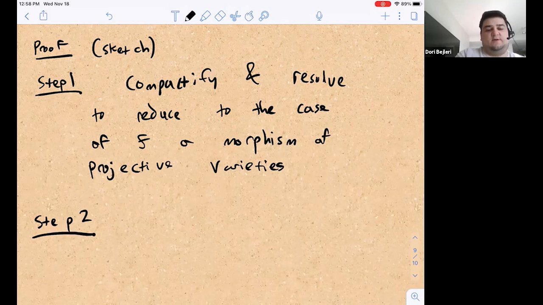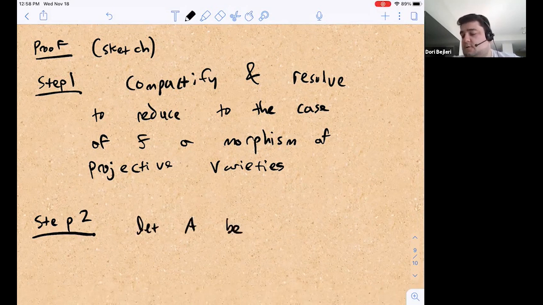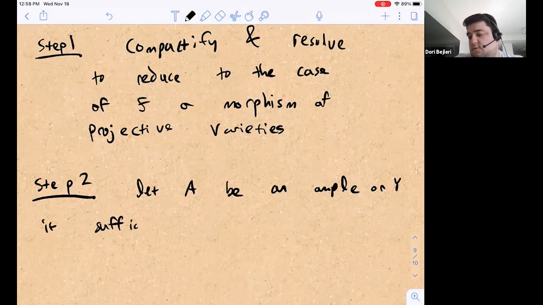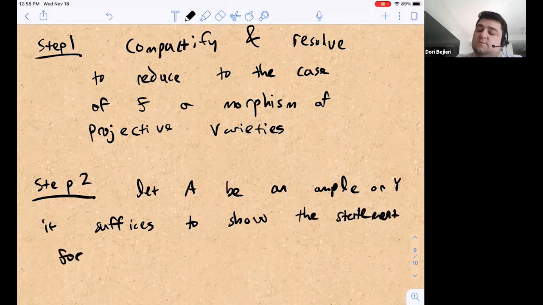Okay, so step 2, now we're in the case where we have a morphism between projective varieties. So let's say A is an ample divisor on Y. Then the claim is that it suffices to show the statement for the divisor D' given by D plus the pullback of the ample.